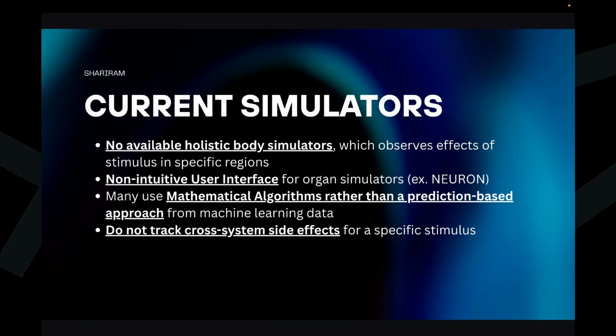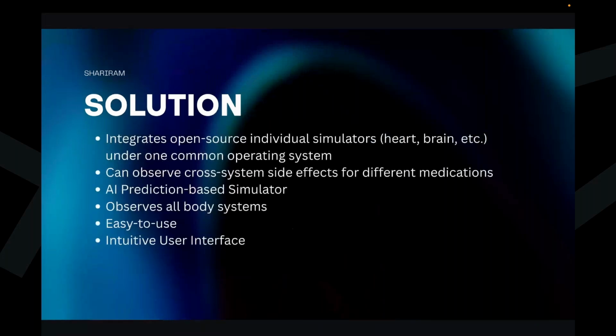So our goal is to combine all the existing simulators so that if you were to apply a stimulus in one region, you can also observe the side effects in other regions, which is what makes it helpful. So our solution, as I said, is to integrate open source individual simulators.